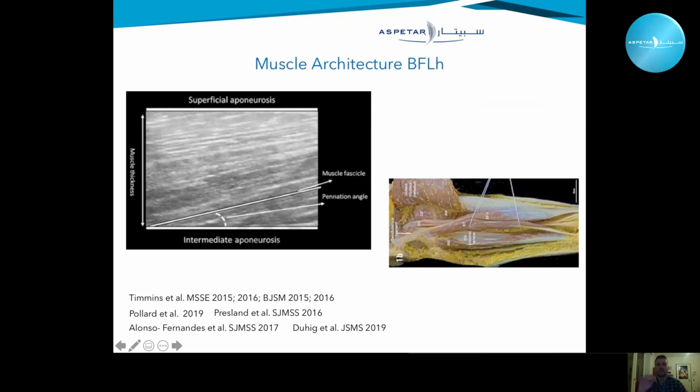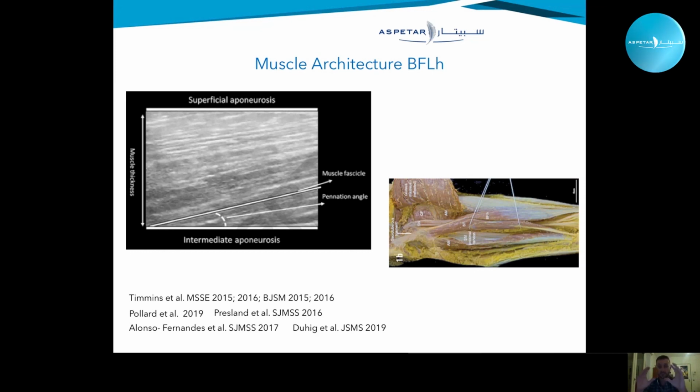So there's a bunch of literature that shows that this happens, as in that the fascicles are elongated, not that sarcomeres are added in series, but this is thought to happen. But there's a little bit of a problem with a lot of studies that have been conducted on muscle architecture and biceps femoris long head.